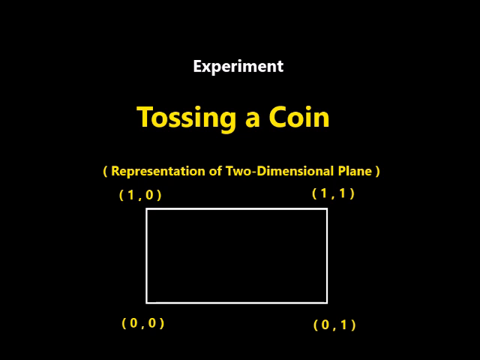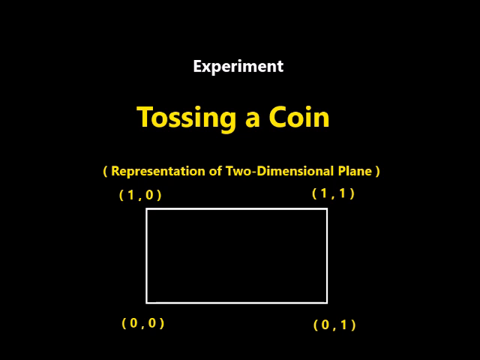The relative positions of all the points are noted over the planar figure, for example 0, 1, which represents tails on the first toss and heads on the second toss.